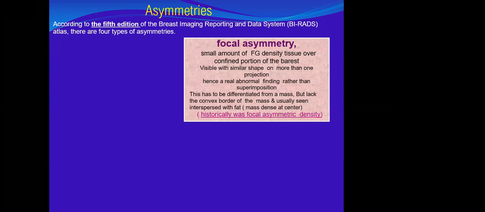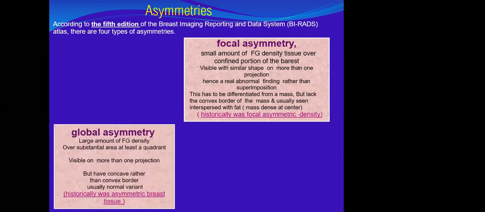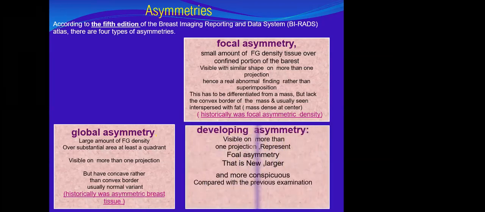This historically was called focal asymmetric density, but now there is no more use of the terminology of density, to avoid confusion. Global asymmetry is a large amount of fibroglandular parenchyma covering a substantial area, at least a quadrant. Visible usually in 2 projections, but it has a concave rather than convex border and usually represents a normal variant, previously called asymmetric breast tissue.